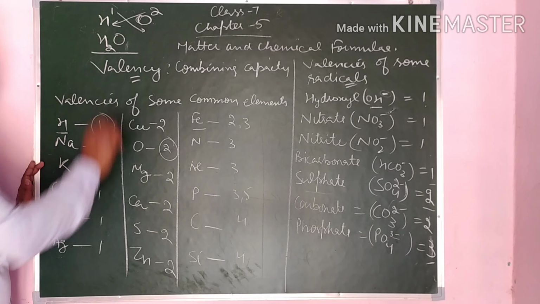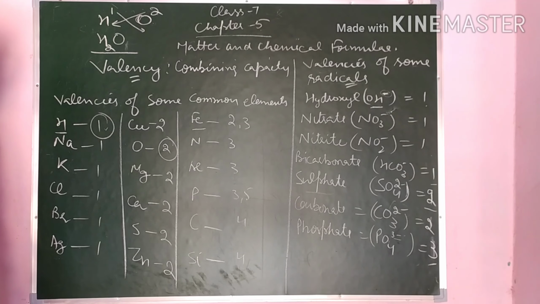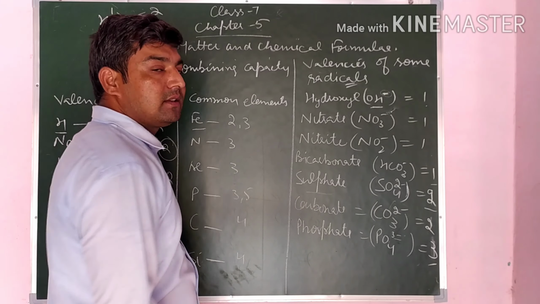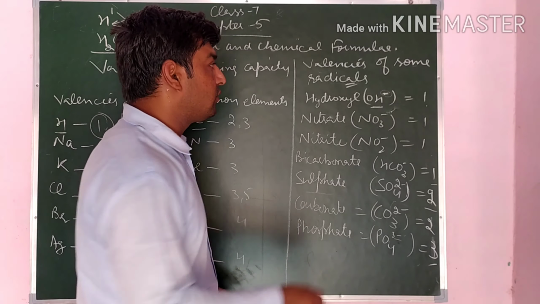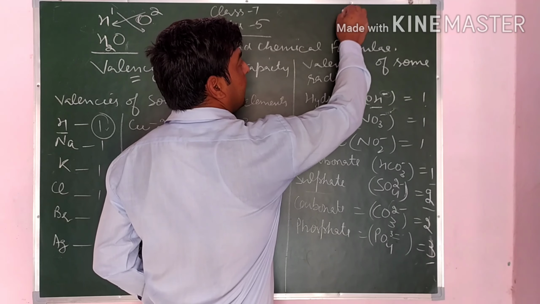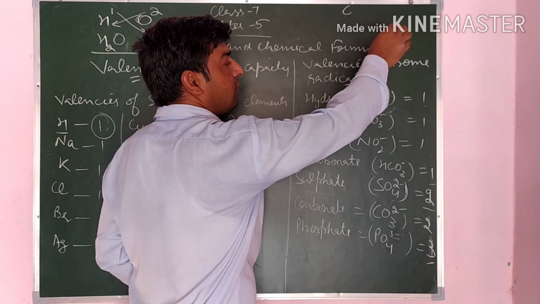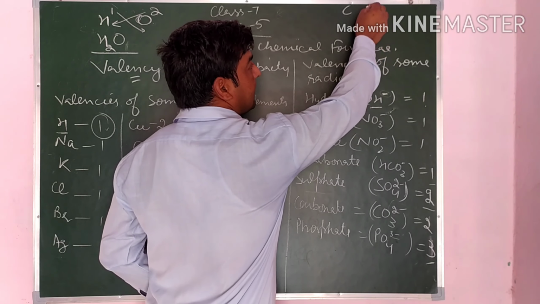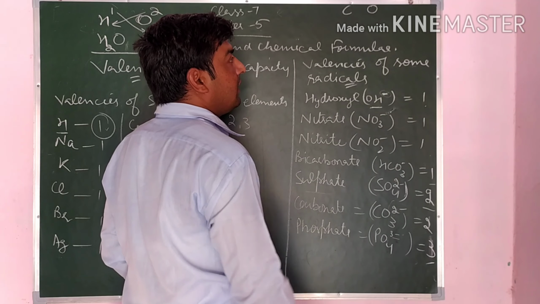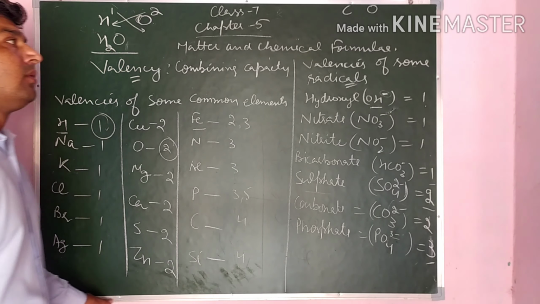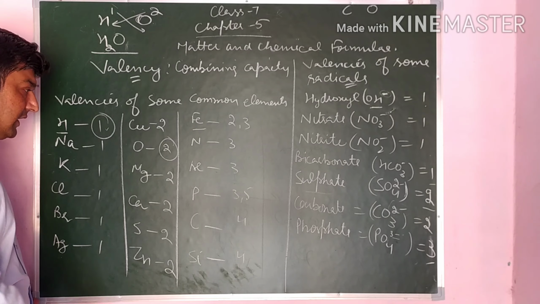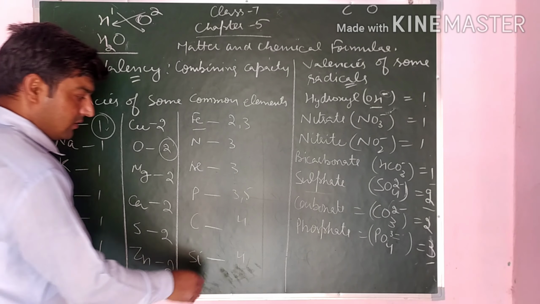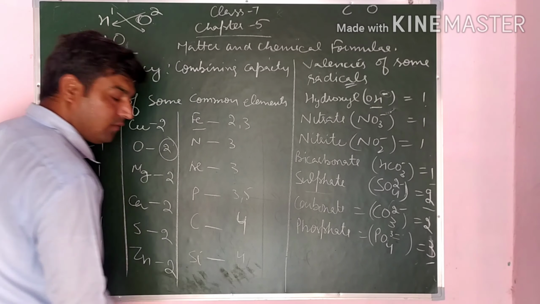It becomes water. Similarly, we have carbon dioxide gas. We know that carbon dioxide gas is formed from carbon and oxygen. Now the valency of carbon is 4.